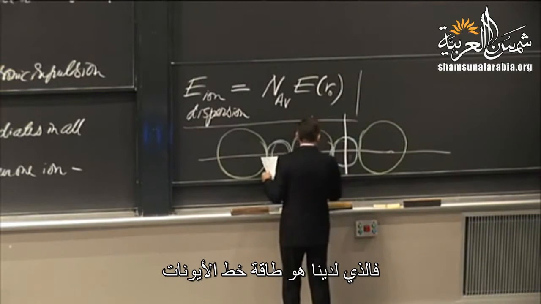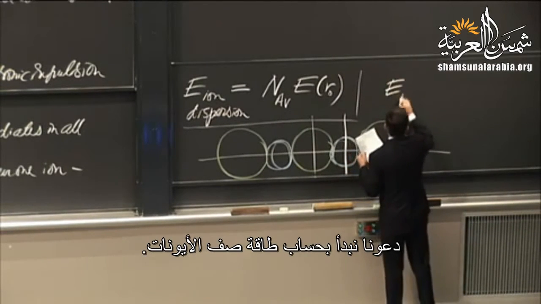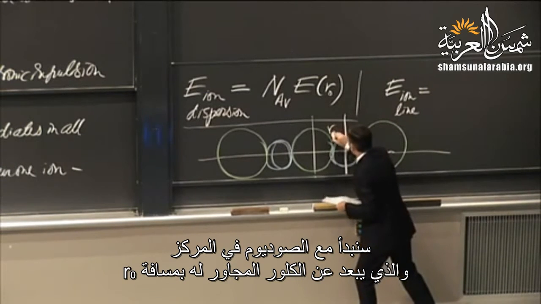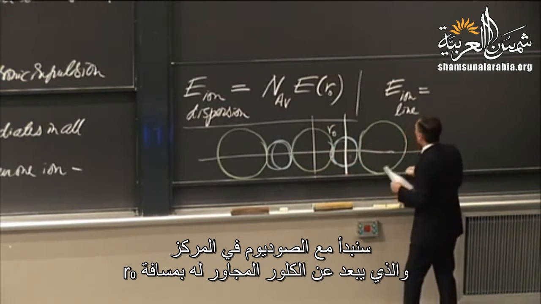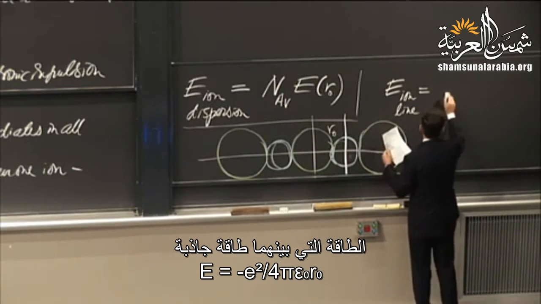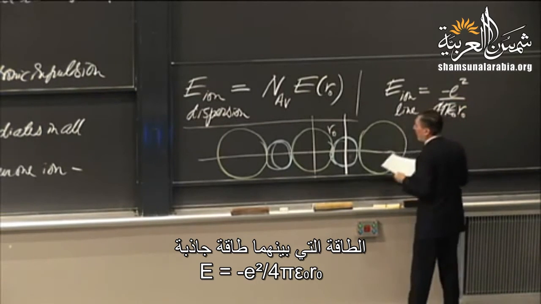All right, so let's look at the energetics here. What we've got is the energy of the ion line. Let's start with this central sodium, and separated by distance r naught is the chloride, and there's an attractive energy here, so that's going to equal minus e squared over 4 pi epsilon 0 r naught.